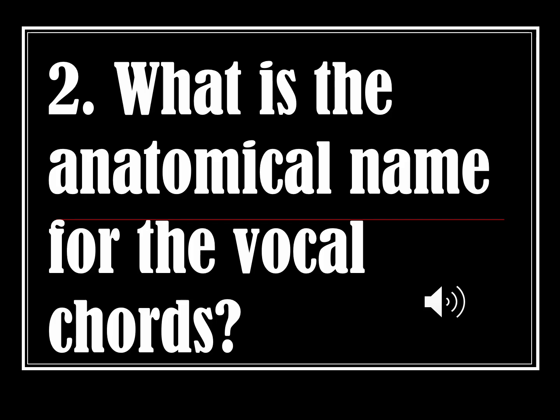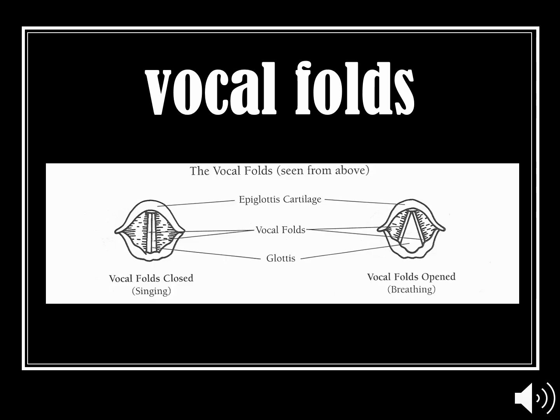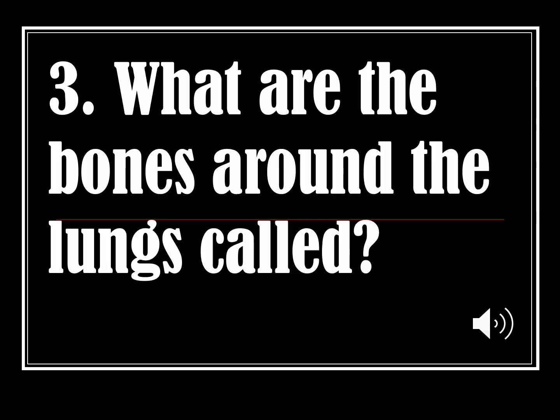What is the anatomical name for the vocal cords? The vocal folds. They are actually two tiny, thin muscles that vibrate back and forth. What are the bones around the lungs called?